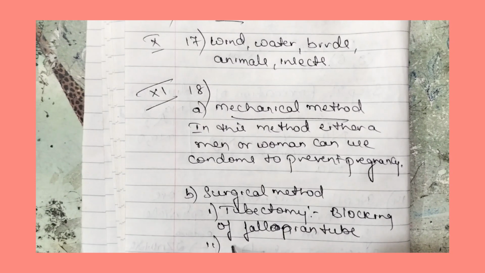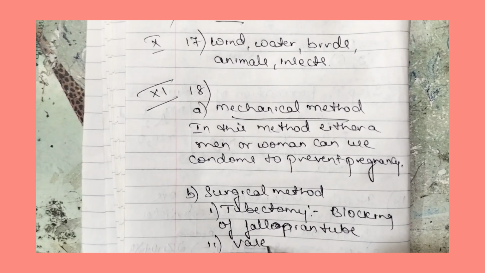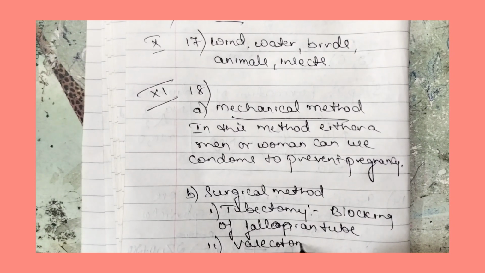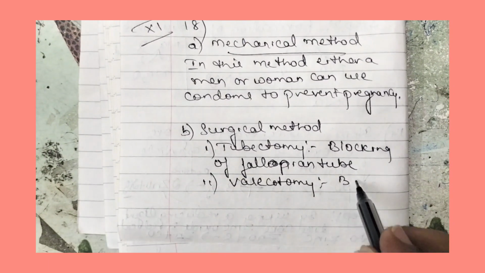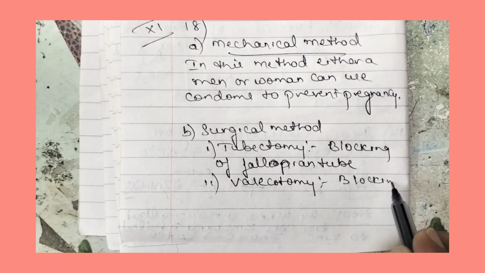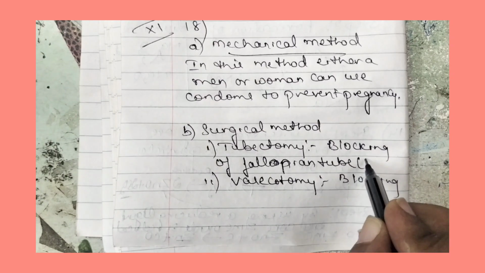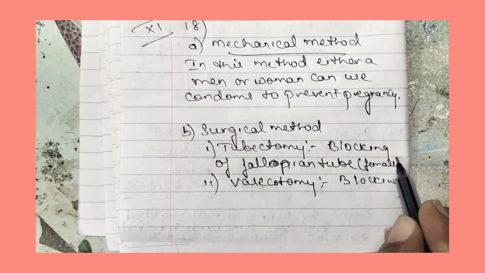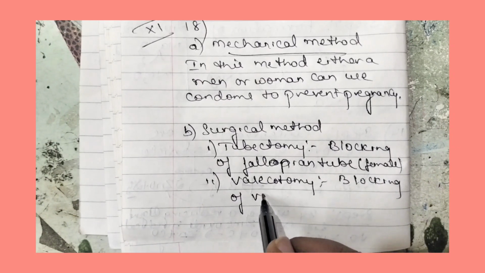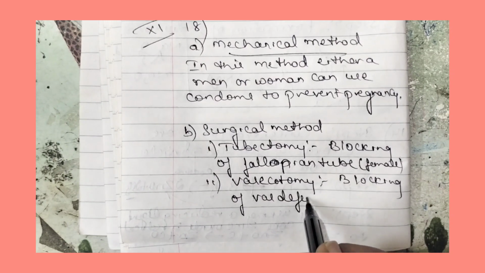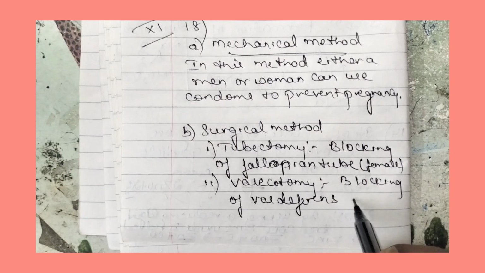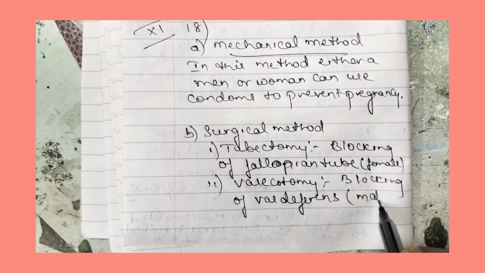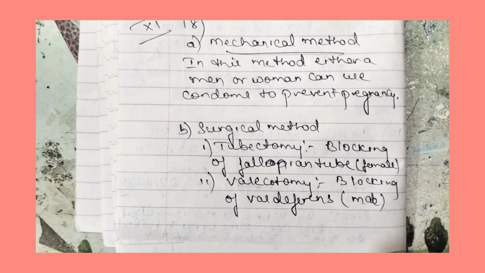The second surgical method is called vasectomy. Vasectomy means blocking of the vas deferens. Tubectomy is done for females and blocking of the vas deferens is done for males. So this is called the surgical method.